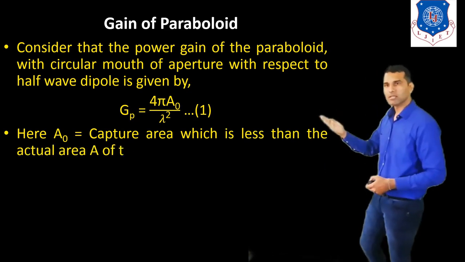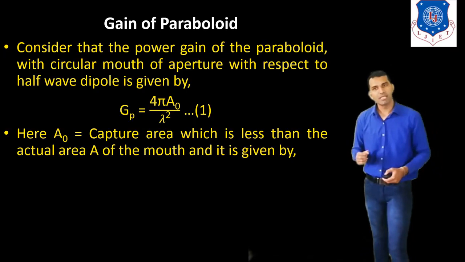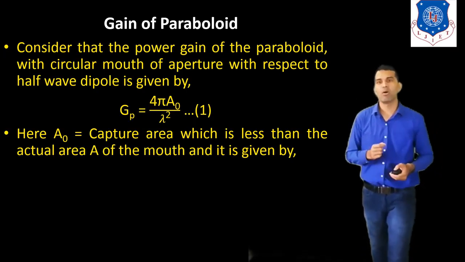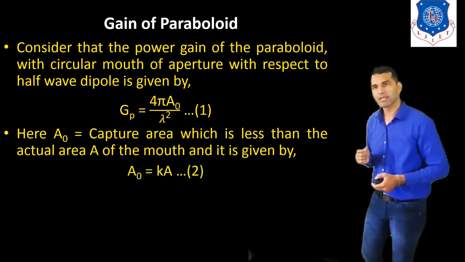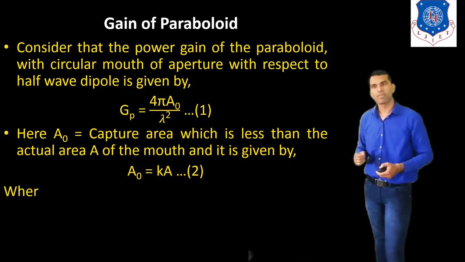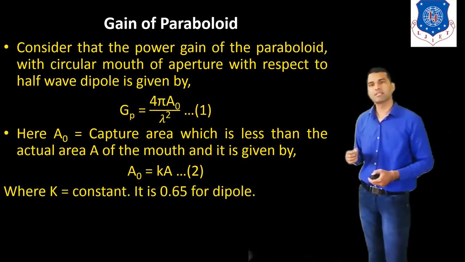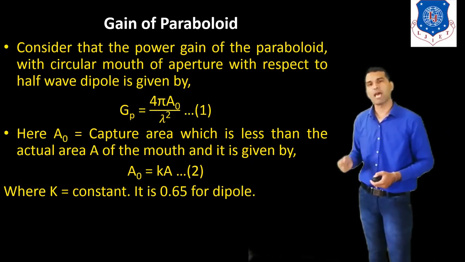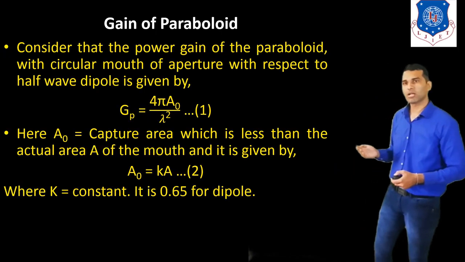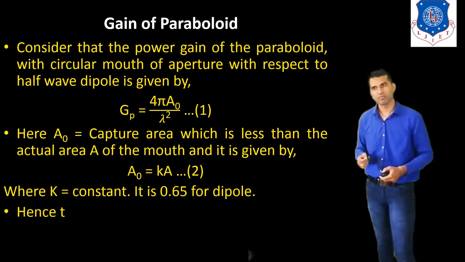In this equation, A0 indicates the captured area, which is less than the actual area A of the mouth, and it is given by A0 = K·A, where K is a constant, and it is 0.65 for a dipole. According to the antenna it is 10, but generally for the dipole the value of K is 0.65.